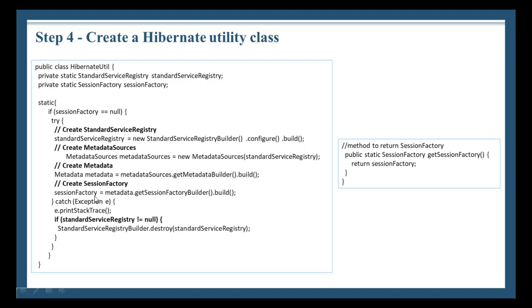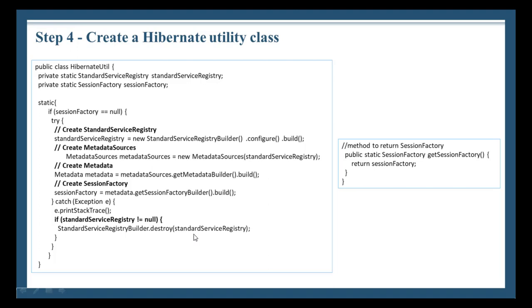We need to give metadata.getSessionFactoryBuilder().build(). So this statement is going to return the SessionFactory instance, and this is the code where we are checking if StandardServiceRegistry is not equal to null, then we will destroy the StandardServiceRegistry.